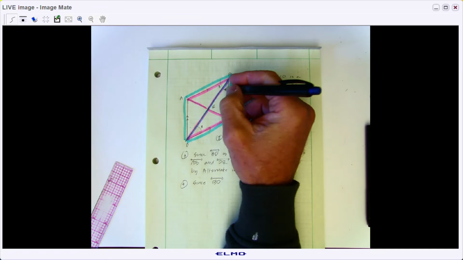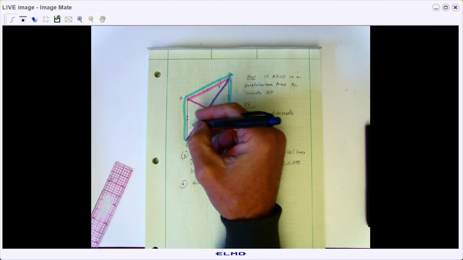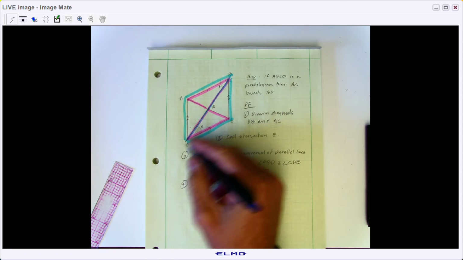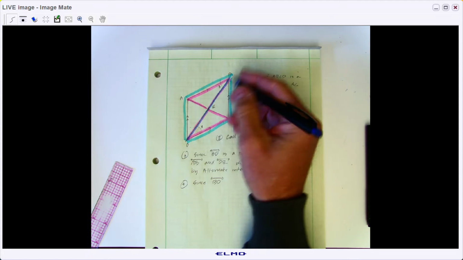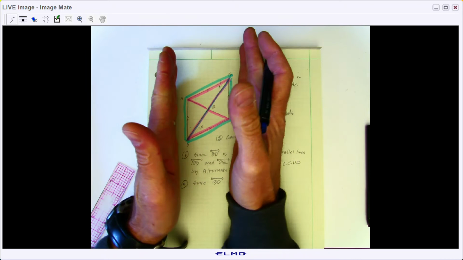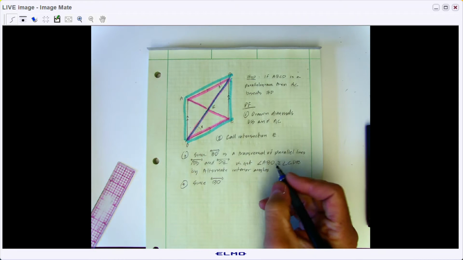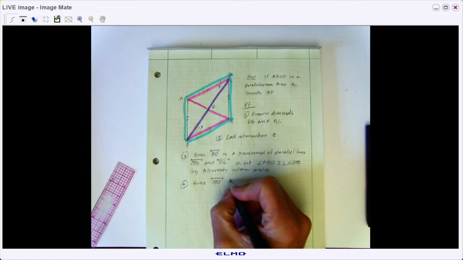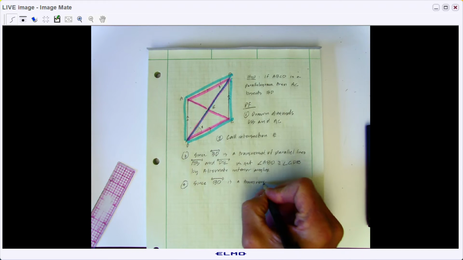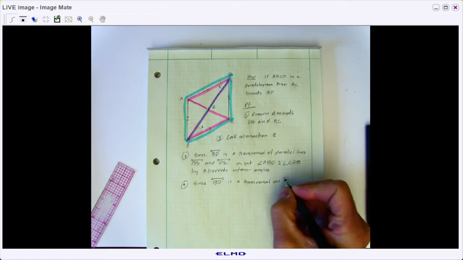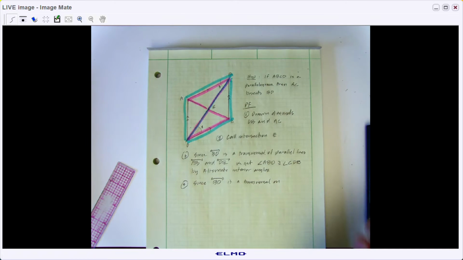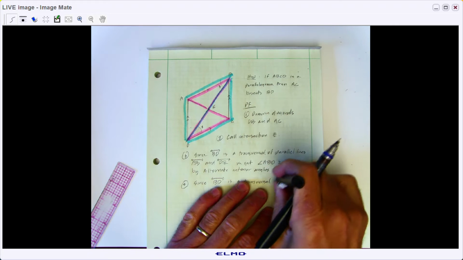But I can't use the same argument to get this angle and this angle, because they're not alternate interior angles on AB and DC, but they are alternate interior angles on AD and BC, in this direction. So BD is a transversal of parallel lines. I'm just going to repeat the argument above.